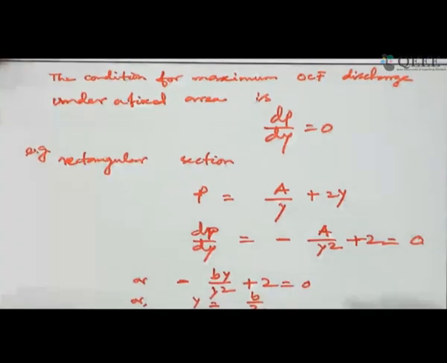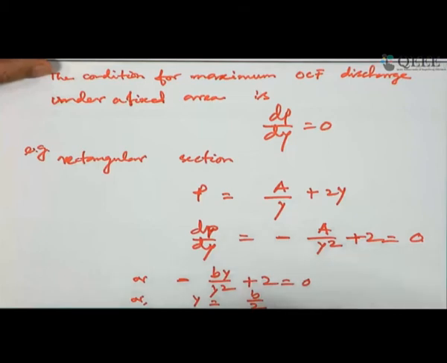That means, for rectangular cross section or hydraulically efficient cross section, this y or depth of flow should be just half of the bed width.